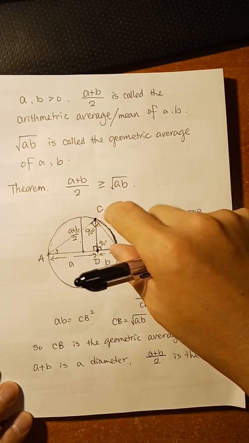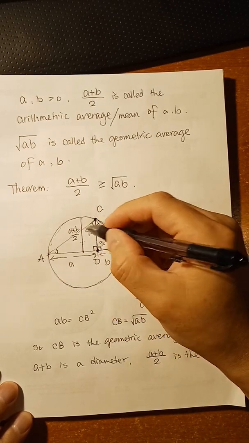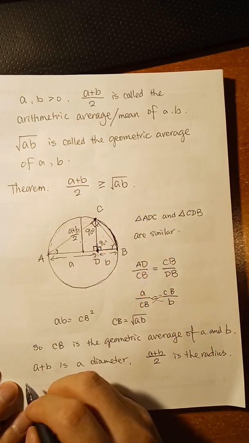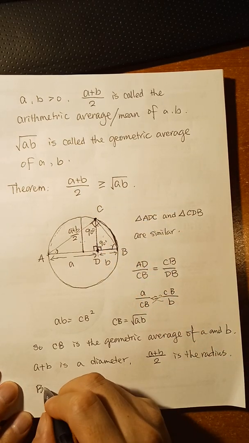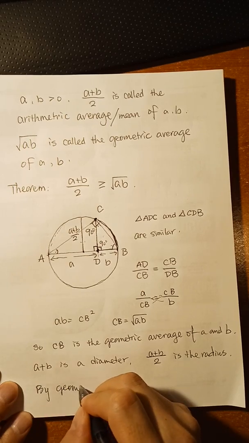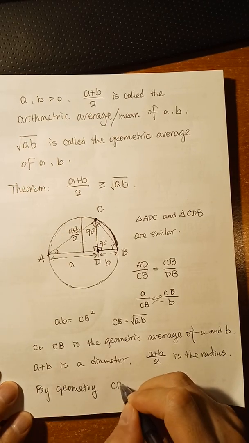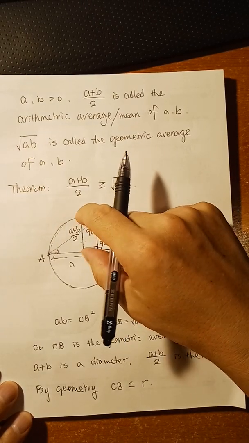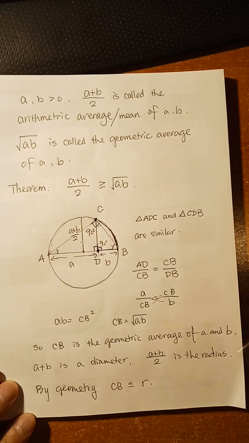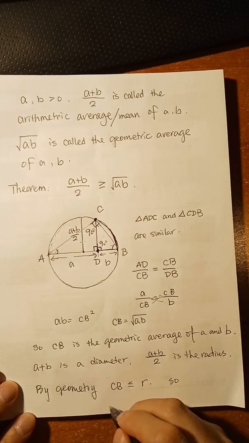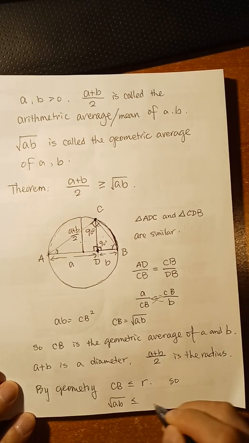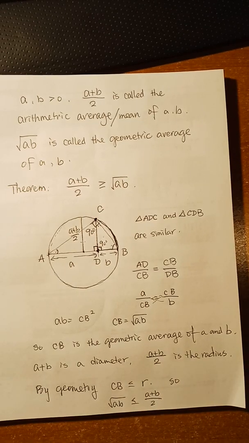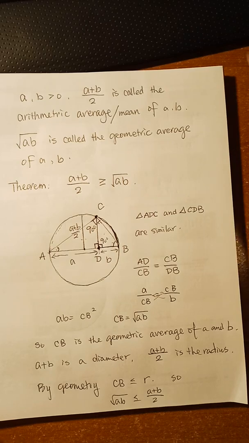Okay, clearly you see here, this height is shorter than the radius. CB is a height. It's shorter than the radius R. So the geometric average is less than or equal to the arithmetic average. So that's the proof.